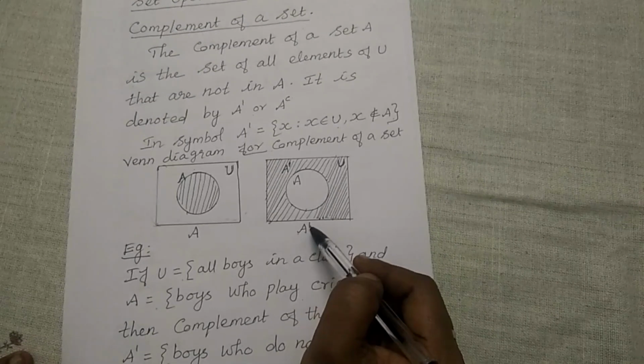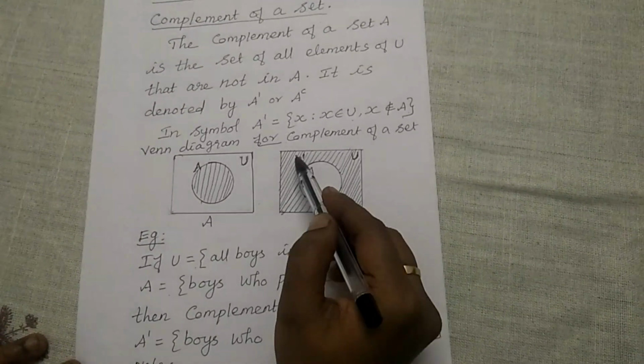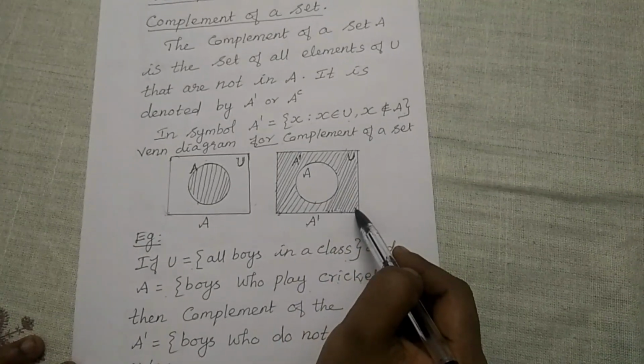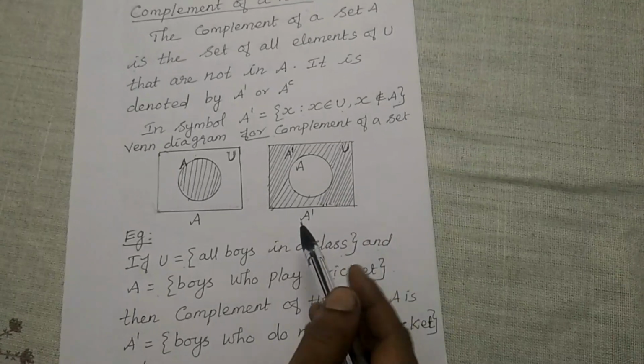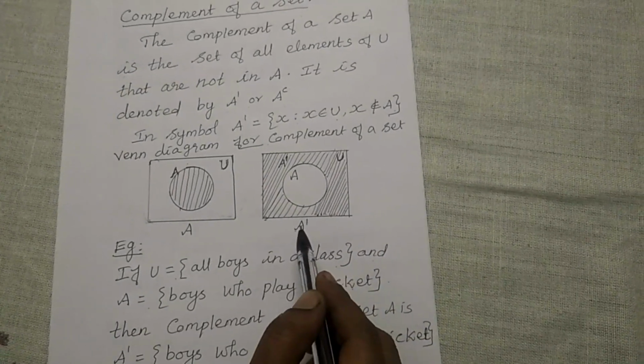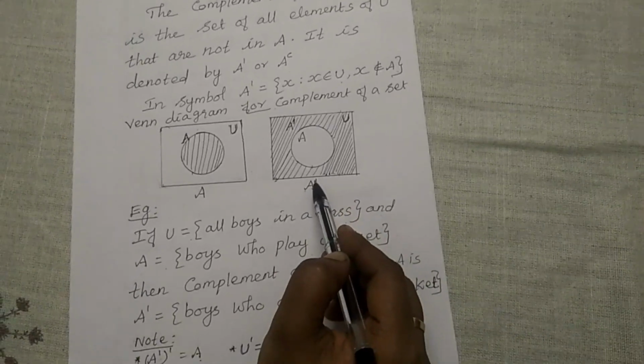Then A complement means except this A, the remaining universal set. This shaded portion is called A complement or A dash.